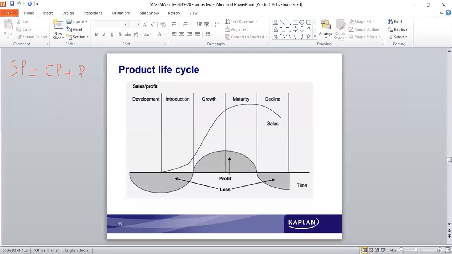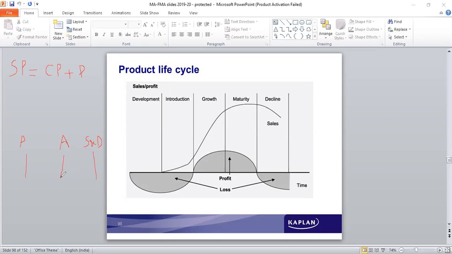But the costs considered start from the production work, then administration work, and then selling and distribution. So they start incurring the cost from manufacturing.